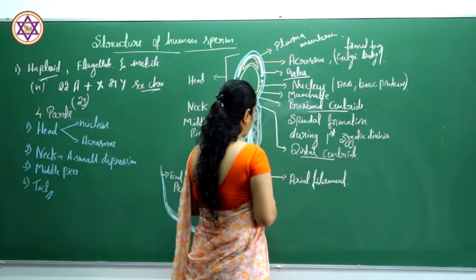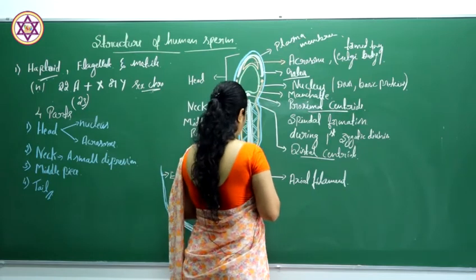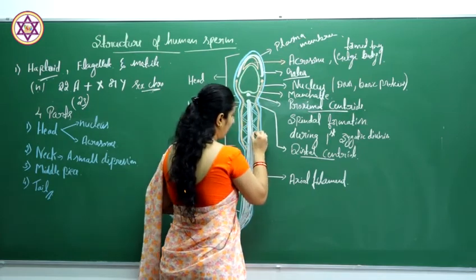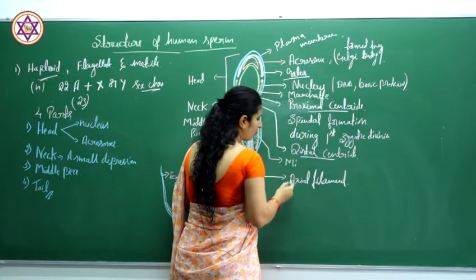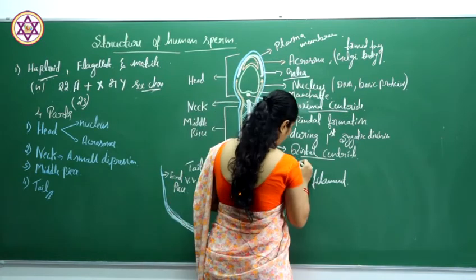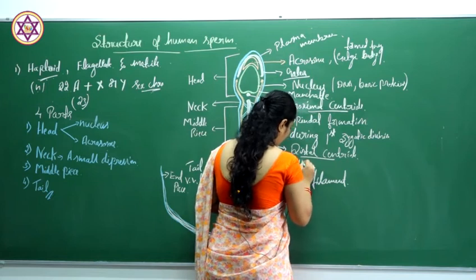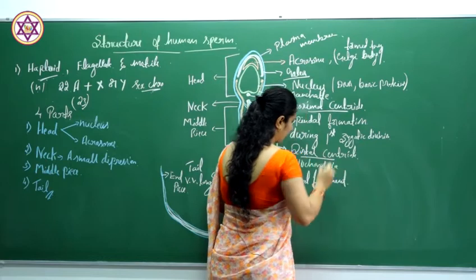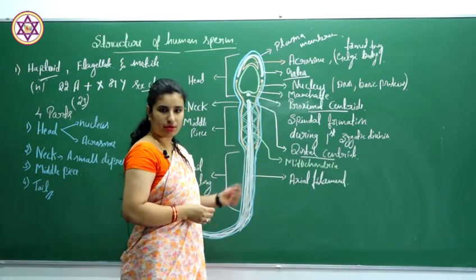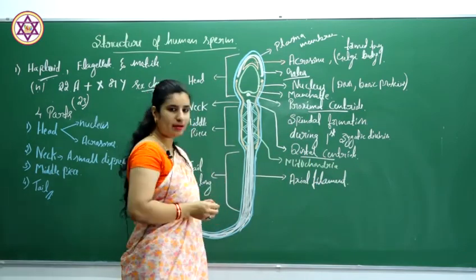Okay, spiral and ribbon-like. Let me label this over here. Spirally arranged mitochondria.